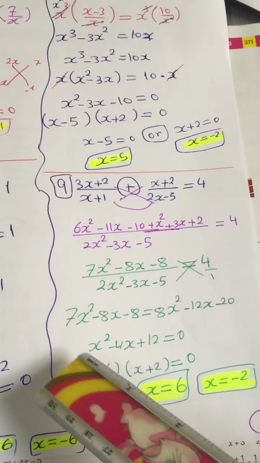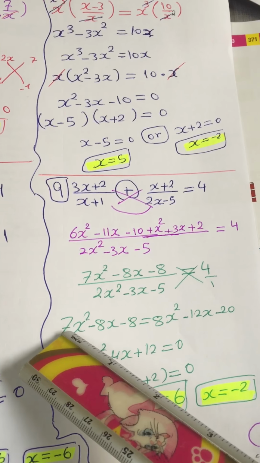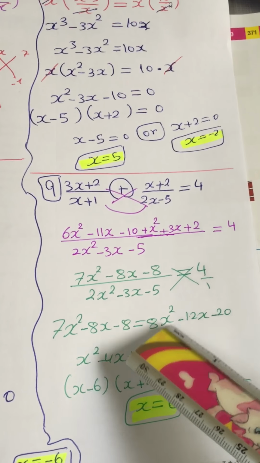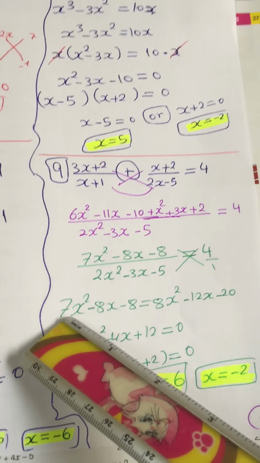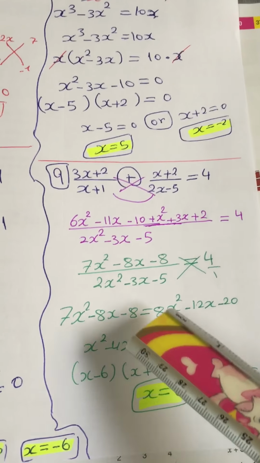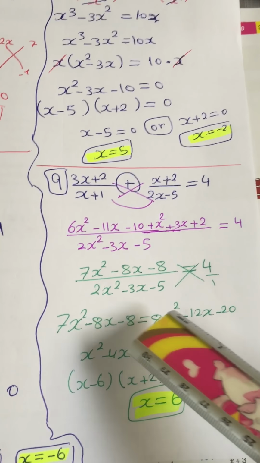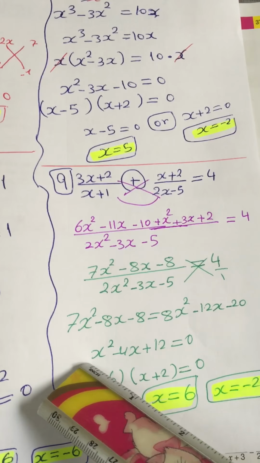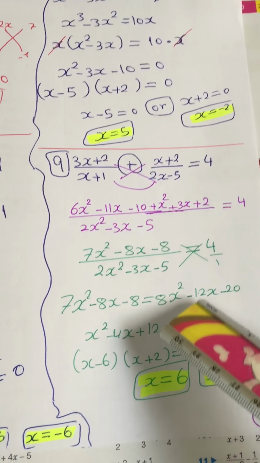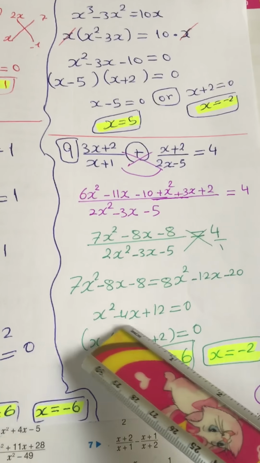So here I'll collect the 7x squared and the 8x squared. If you take the 7x squared to this side, you have just 1x squared. We can put it right or left, no problem. And the negative 8x, I'll take it to the opposite side with negative 12x. It will be positive 8 with negative 12, so equal negative 4x.